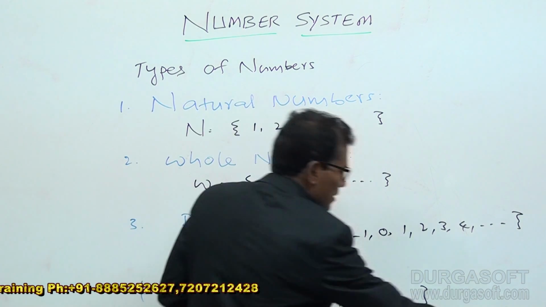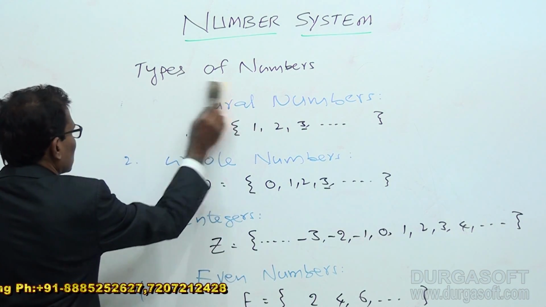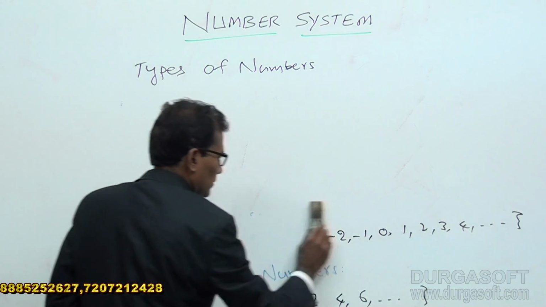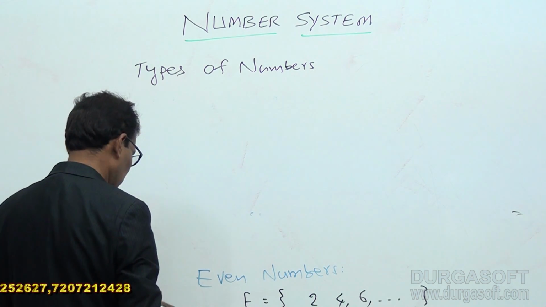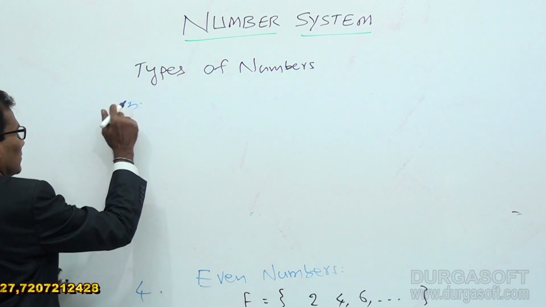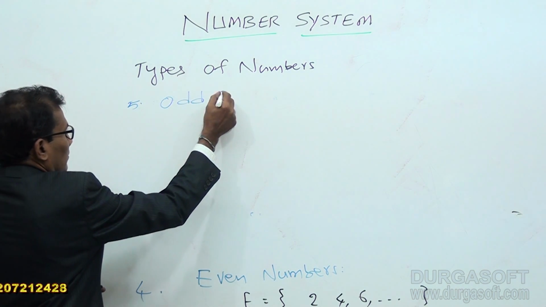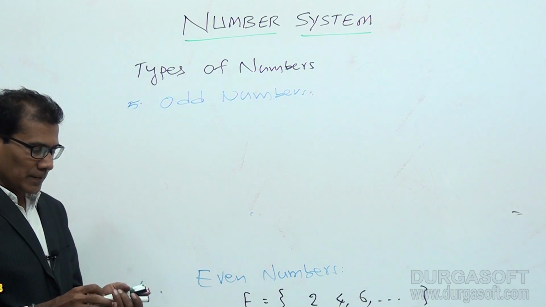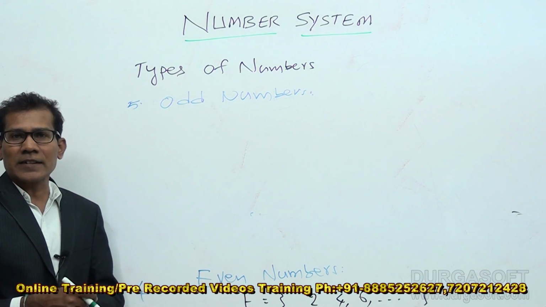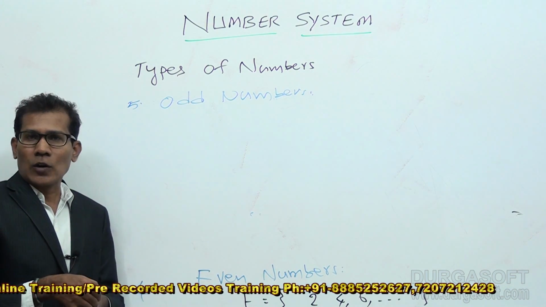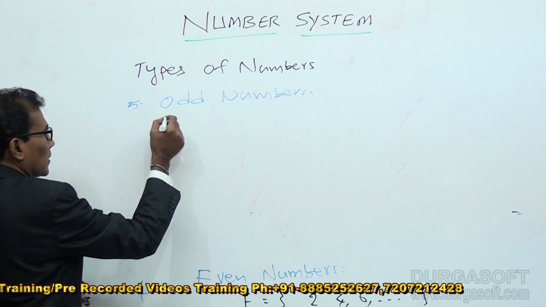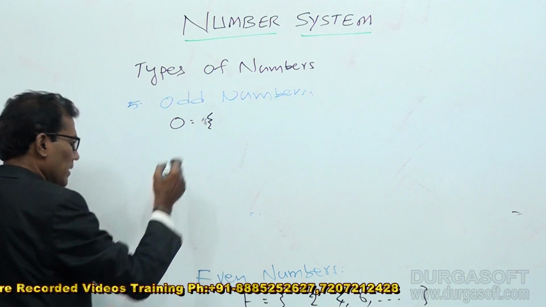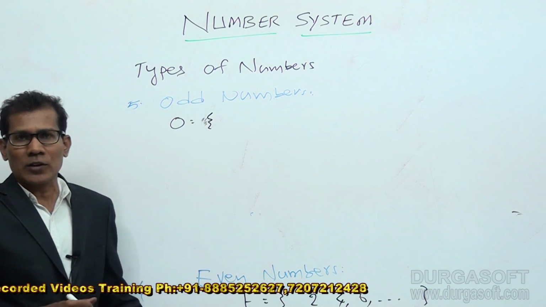And then odd numbers. What are the odd numbers? The number which is not exactly divisible by 2 is called an odd number. If we take O to denote odd number, the number which is not exactly divisible by 2, or else we can define the odd number like this.